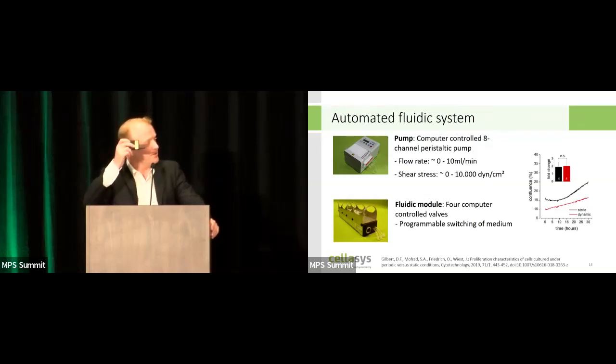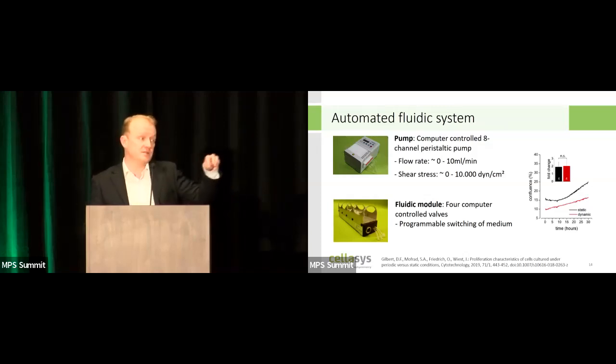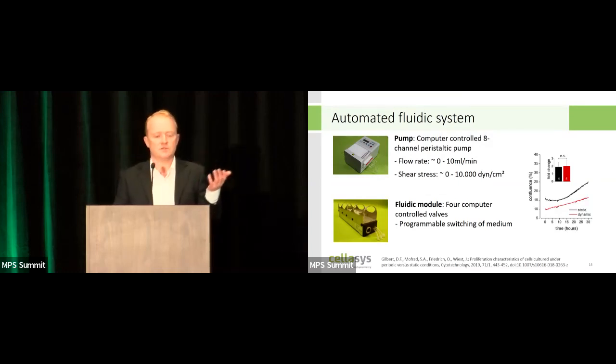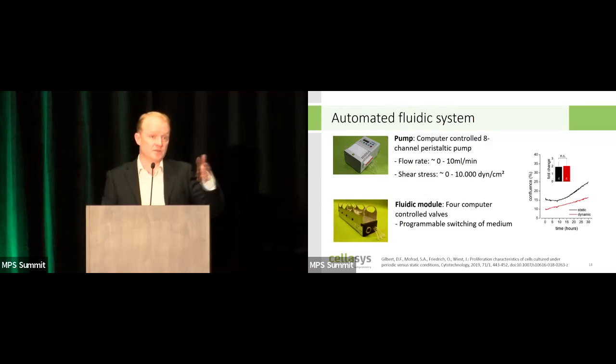So we compared it on the system, how the proliferation rate is compared in a static culture and in the dynamic culture, meaning when we exchange the media every 10 minutes. And the proliferation rate is changing drastically. So that's a basic thing which should be considered when we talk about systems engineering. Just the exchange rate of cell culture media will heavily affect the vitality of the cellular model.